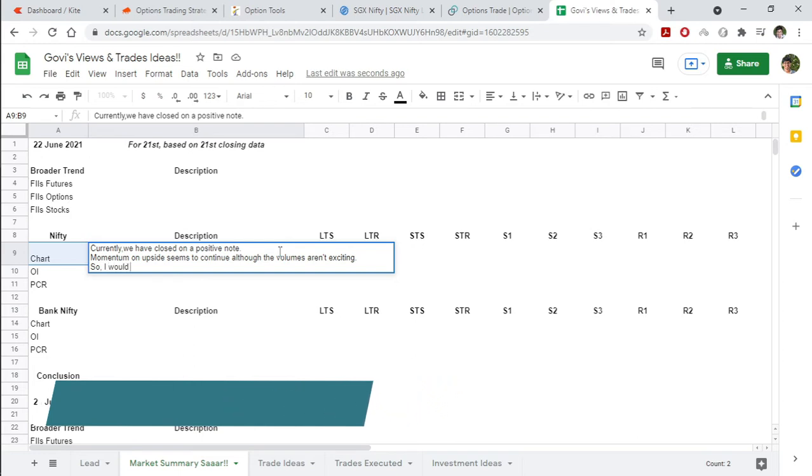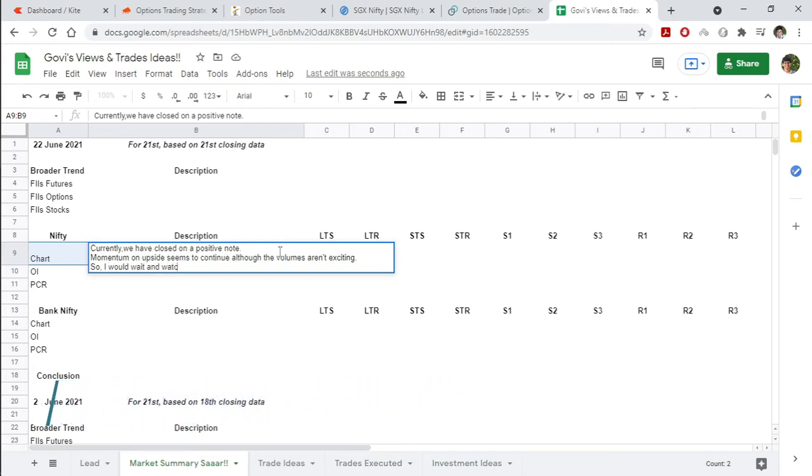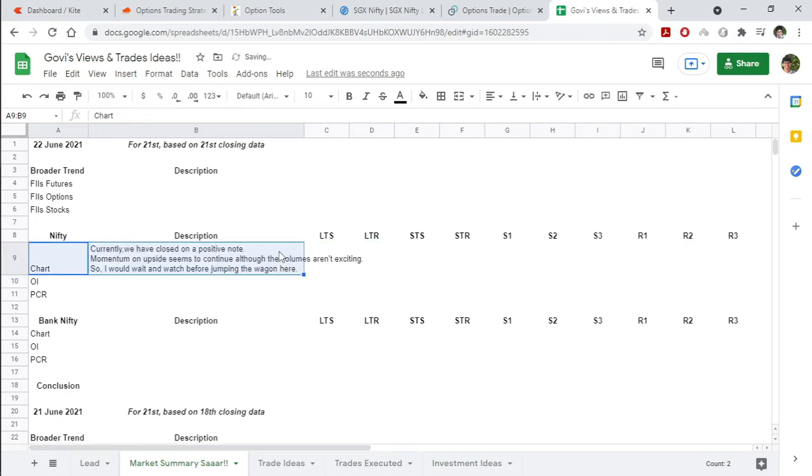I would wait and watch before jumping on the wagon here. So that's my take on Nifty right now, and let's just see where we head on.